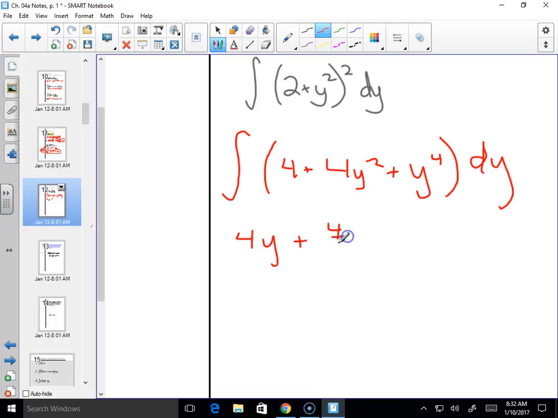Yeah, 4y with the rest. So the first one is 4y. You're just going to add whatever the variable is. The next one is harder.